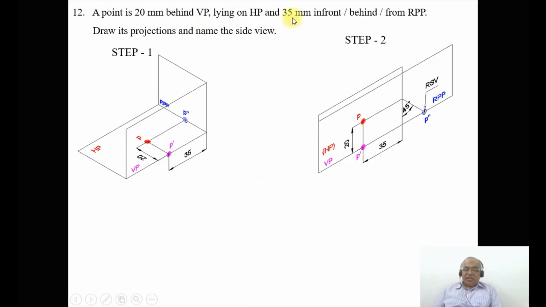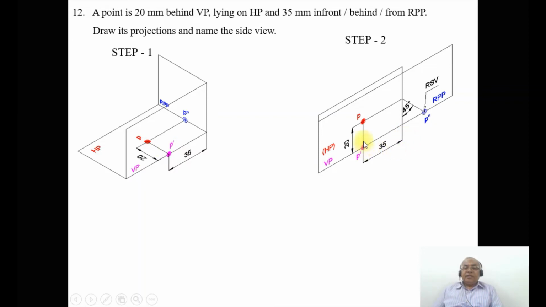Since it is lying on HP, obviously that point will be on this XY line, which will be P dash, because the image falls on the vertical plane. And we know that behind VP is seen in HP. Since it is being rotated by 90 degrees, P dash and P both will be on the same line.